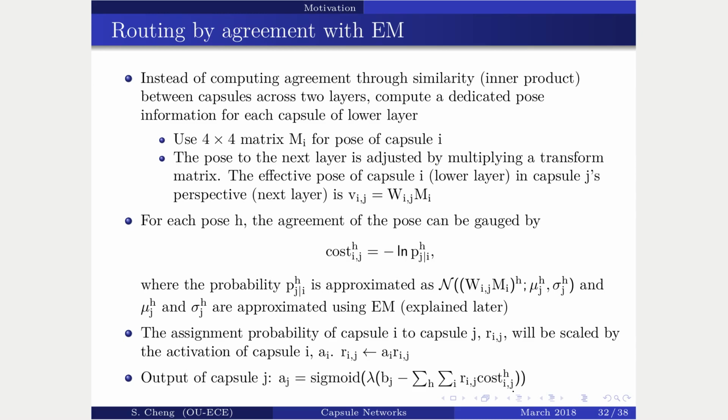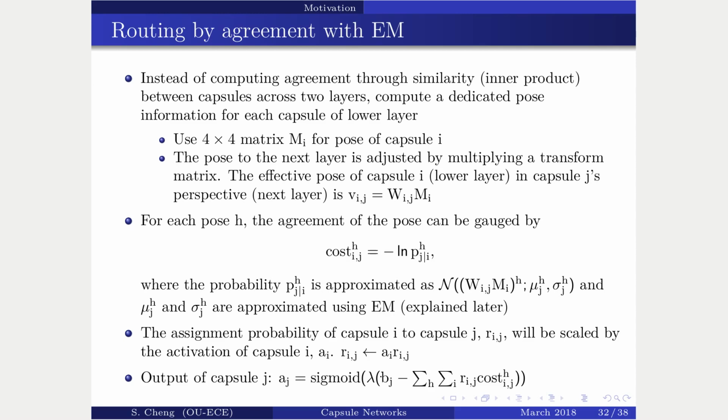And finally, aj will be computed as the sigmoid function of the sum of all the costs weighted by Rij and offset by a bias bj, and then multiplied by a parameter lambda.